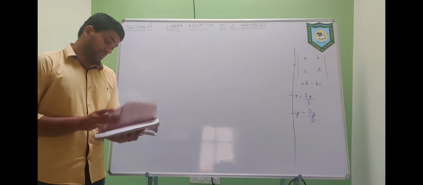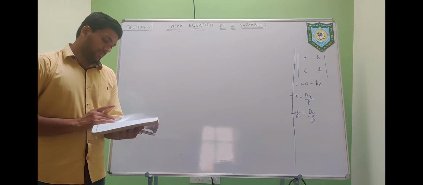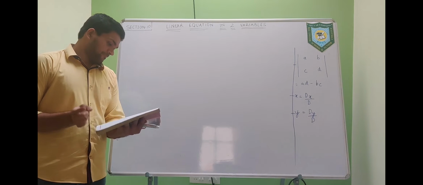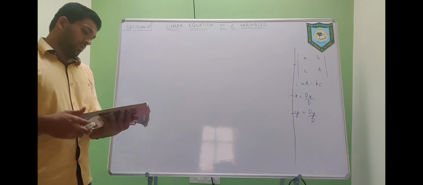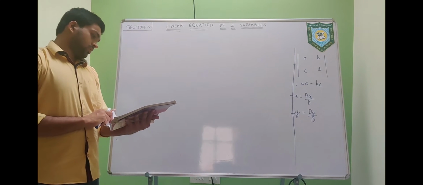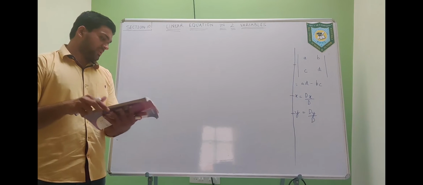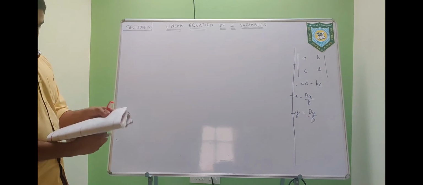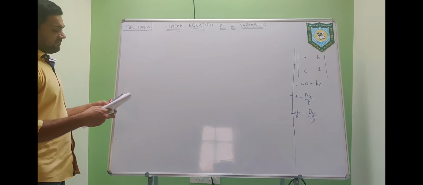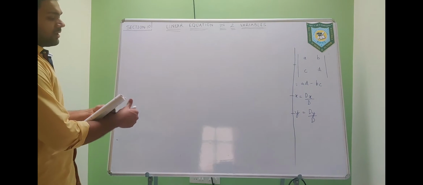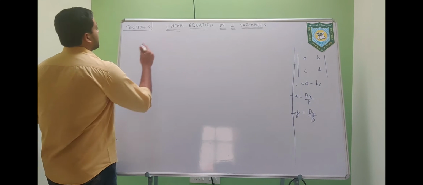Now, beginning question from the textbook. Let's go to page number 14. We have example number 1, which is 5x plus 3y equals minus 11 and 2x plus 4y equals minus 10.